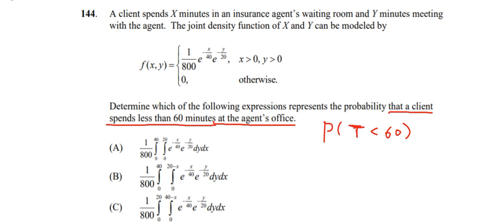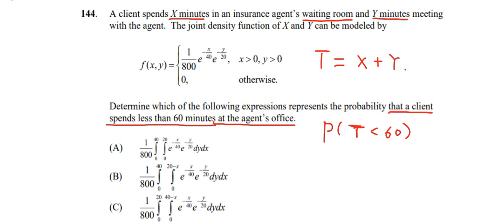So here we split the time into two parts: X minutes in the waiting room and Y minutes meeting with the engineer. So the total time spent in the office is just X plus Y, right?